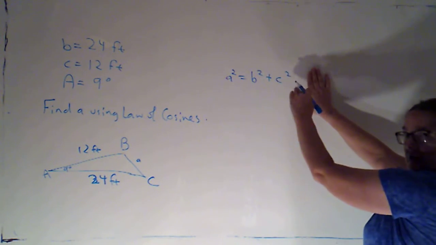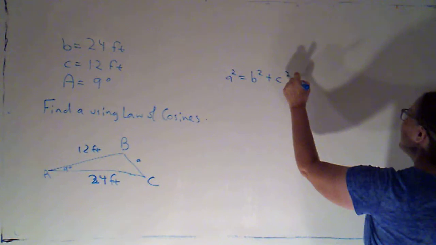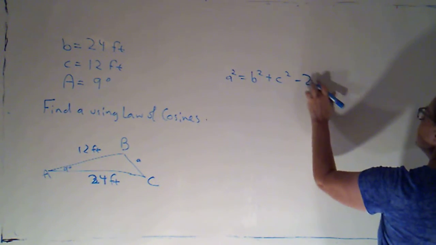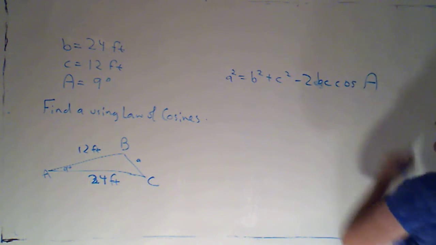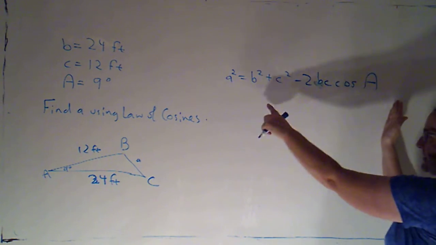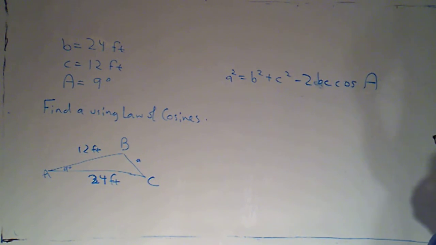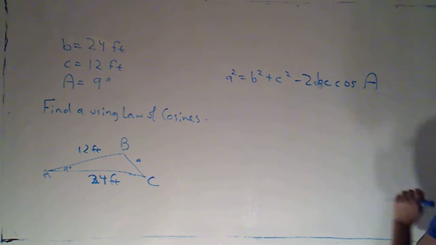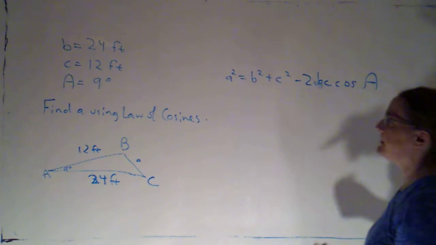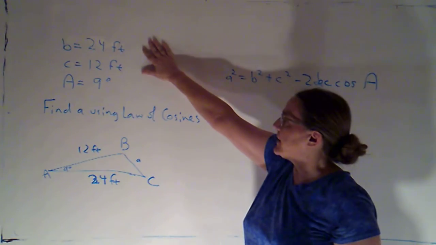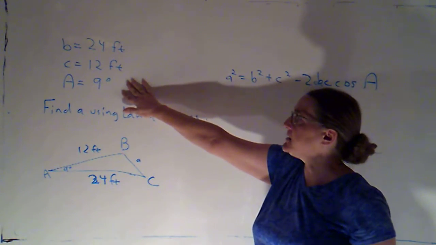Remember, it starts out looking kind of like the Pythagorean theorem, but then minus 2 times BC times cosine of A. Again, I find it really helpful to just write out the formula first before I plug things in. And at this point now, I can plug in 24 and 12 and 9 degrees.